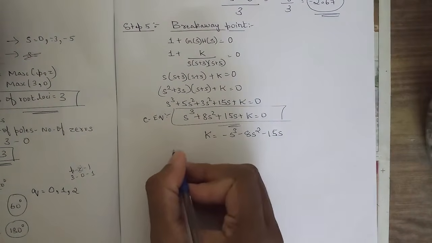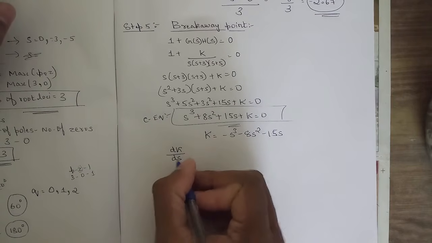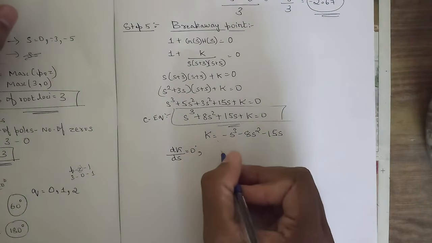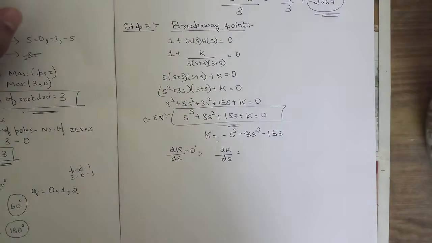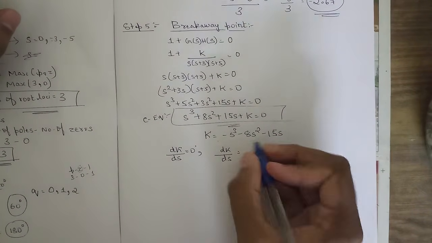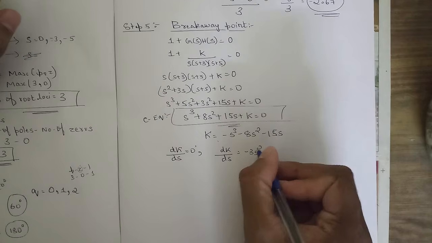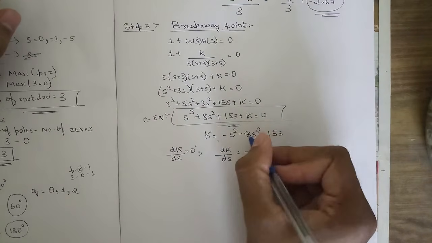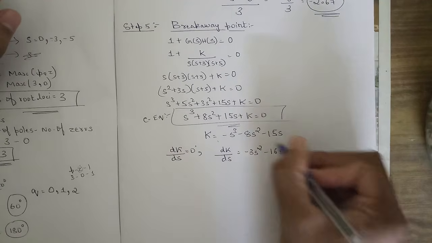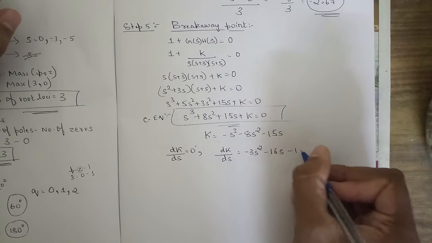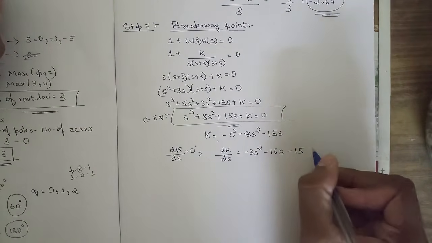Now the next step is dk by ds equal to 0. Apply that, that is, we need to take the derivative of this term. Derivative of minus s cube is minus 3s square, derivative of minus 8s square is 8 into 2s, that is 16, minus 16s, and derivative of minus 15s is minus 15. That is equal to 0.